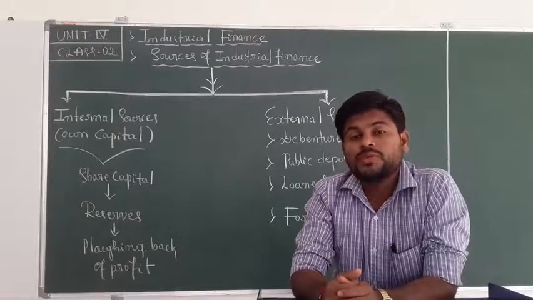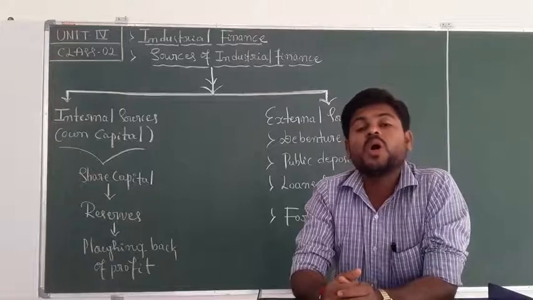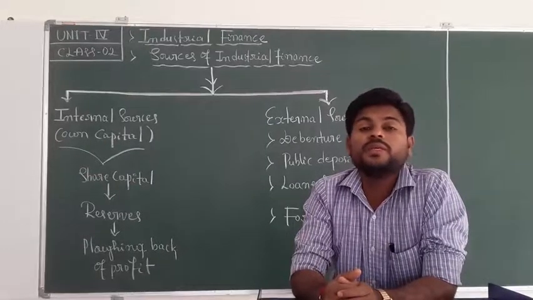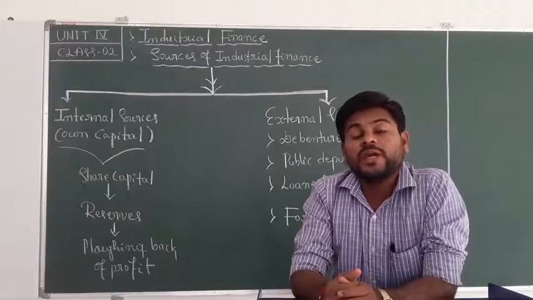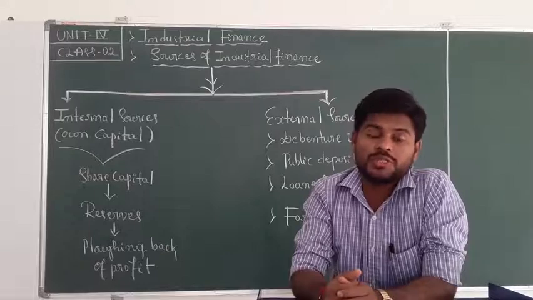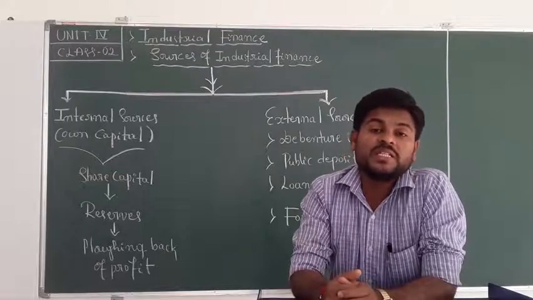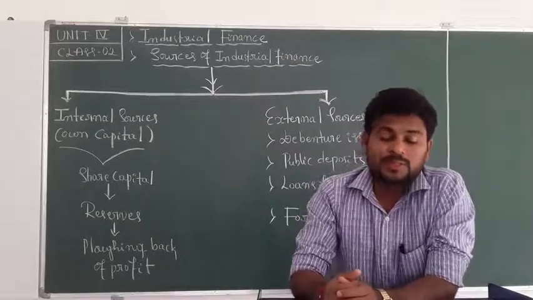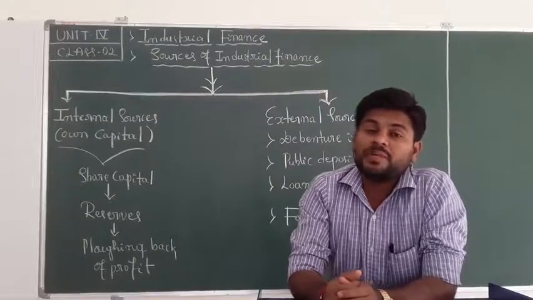These reserves are utilized by companies or industries when the circumstance is very severe, in economic emergencies or contingent situations. Business units and industries utilize their undistributed profit within their company or industry, which is called reserves.